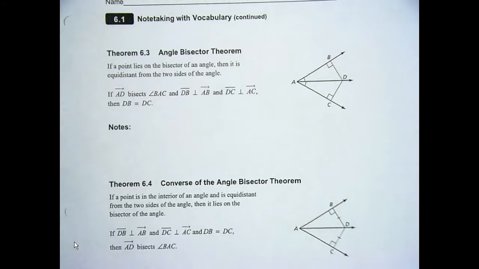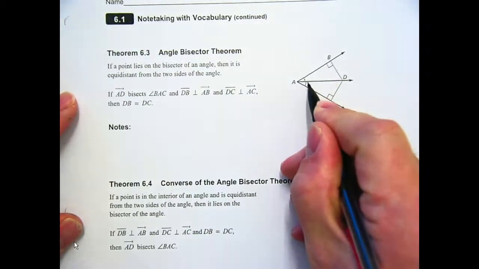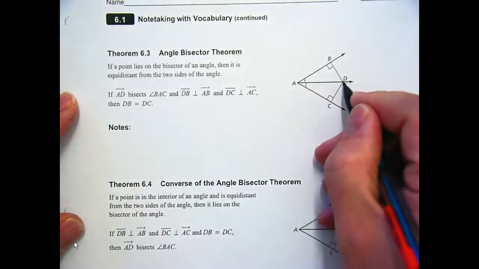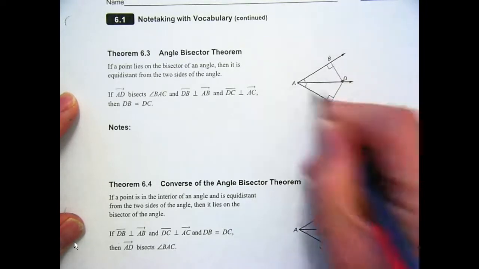Okay, have your attention back up here. Theorem 6.3, if a point lies on the bisector of an angle, remember that means it cuts it in half. That means this is congruent to that, those markings there. Then it's equidistant from the sides of the angle. So notice point D is equidistant from AB as it is from AC.